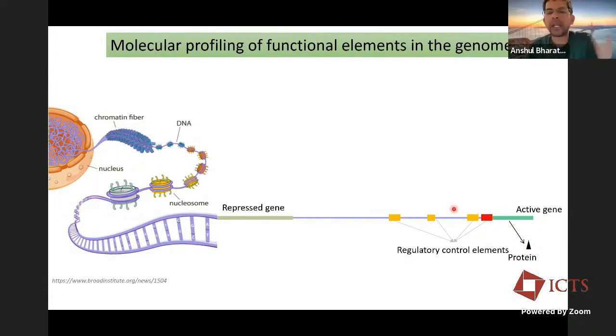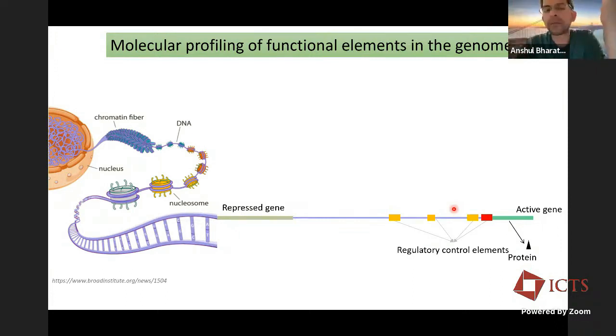So the key idea is you have 26,000 genes in the genome, and the precise function of a cell is really dependent on the precise repertoire of genes that are expressed. Which genes are expressed, in what quantities, and at what time really determines function, right?